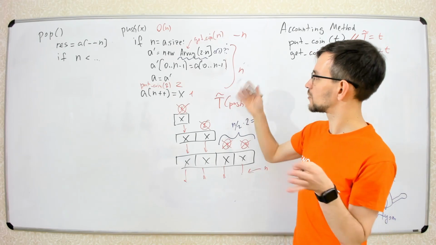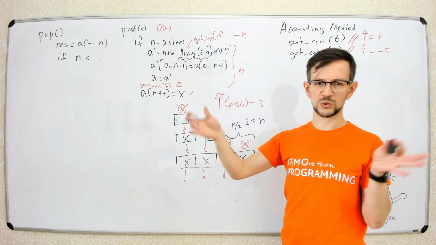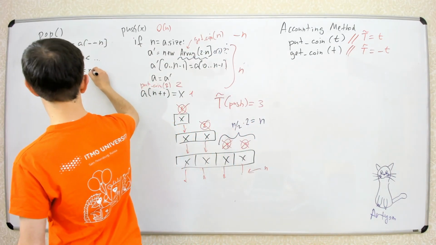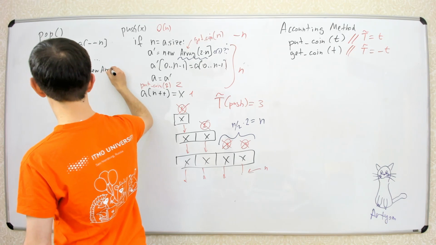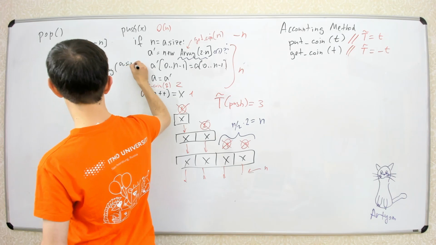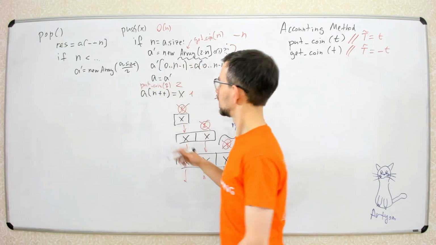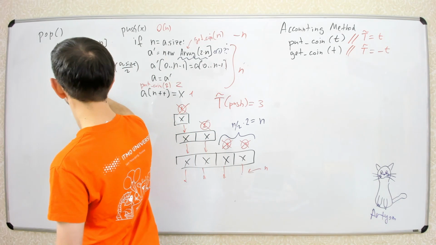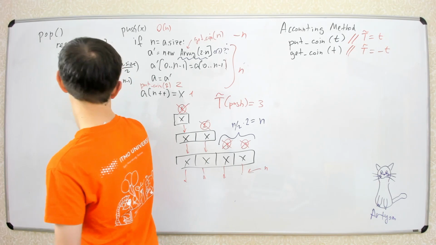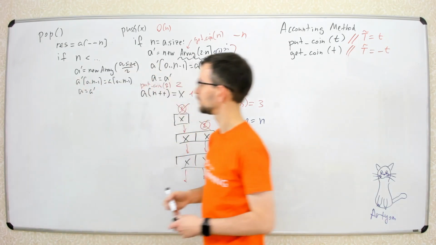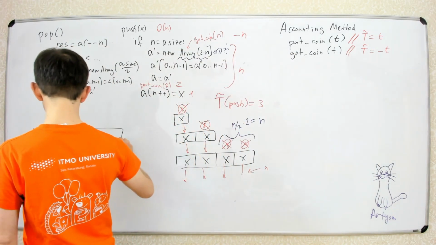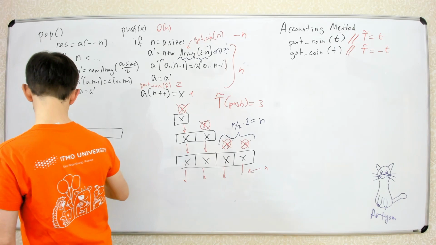So I will create an array twice as small as the current size, and then again copy the elements like this. So I want to decrease the size of the array twice. I have this big array, and I want to move to this smaller one.